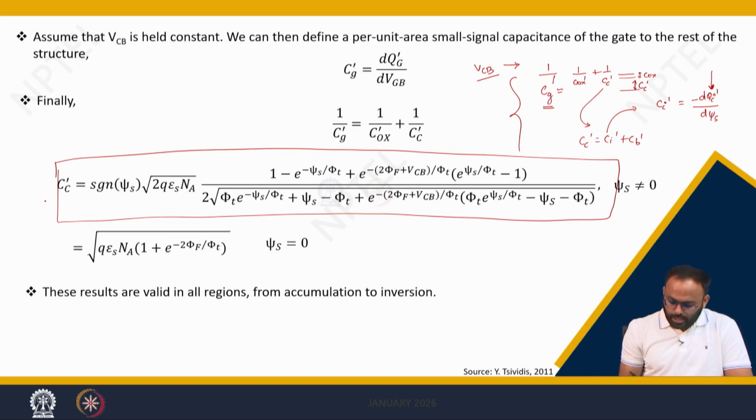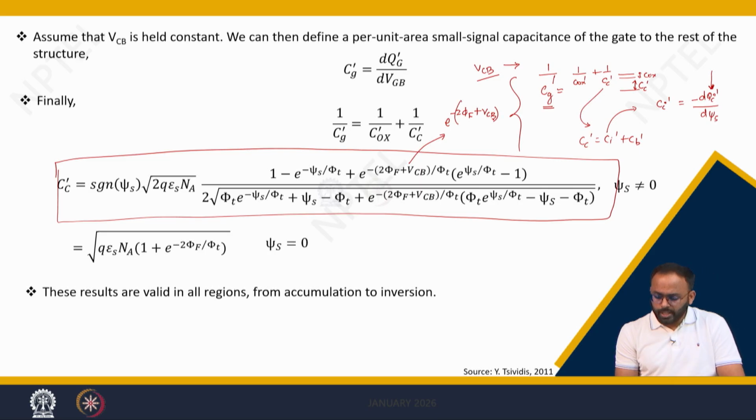If you closely see this term, in the 2-terminal MOS it is only minus 2 times phi f, but here you need to replace it by 2 phi f plus VCB, as we have already discussed a few times.